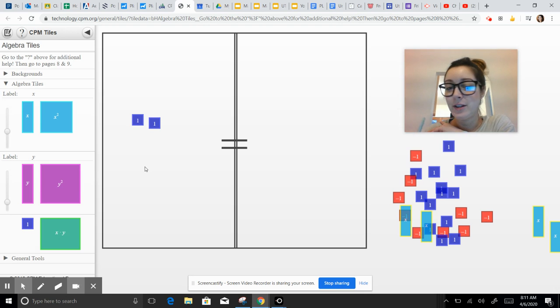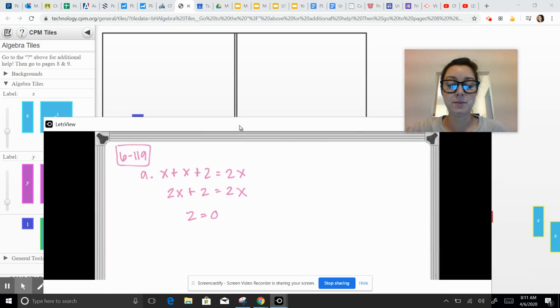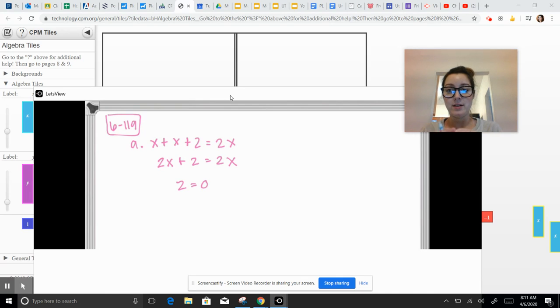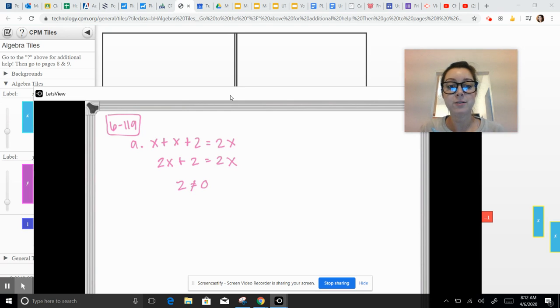If you've done all of your legal moves and you end up with something like 2 equals 0, where the x's are eliminated and it doesn't make sense because we know that 2 does not equal 0, this is no solution. That means that x can't be anything because it won't work.